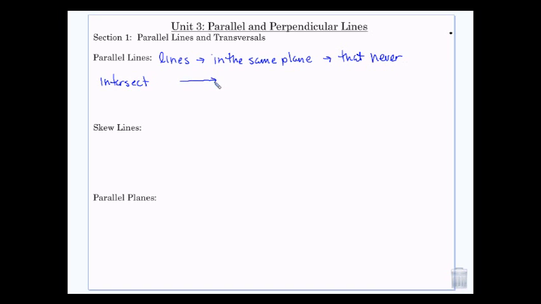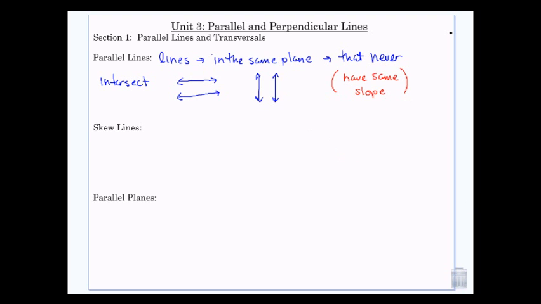Okay, so we have parallel. Okay, and they can go that way, they can go this way. Just they never touch. Okay, and just because we're going to get to this at some point, parallel lines have the same slope.